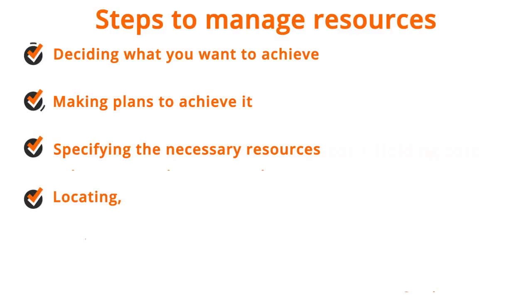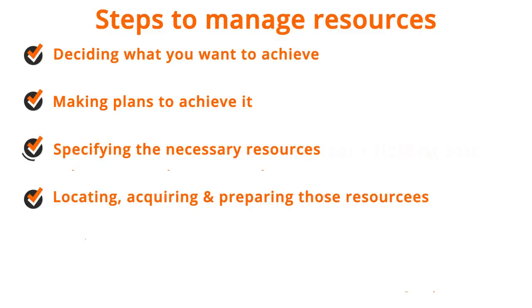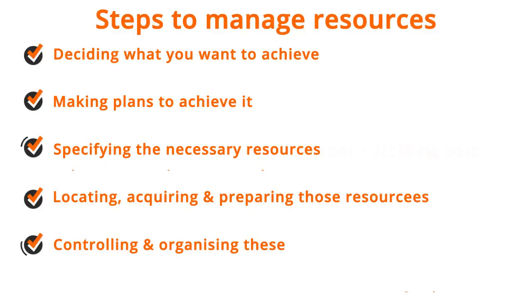The fourth, locating, acquiring, and preparing those resources. This could be where the SME can find, acquire, and turn these resources to finished products. And finally, controlling and organizing these resources to best effects.